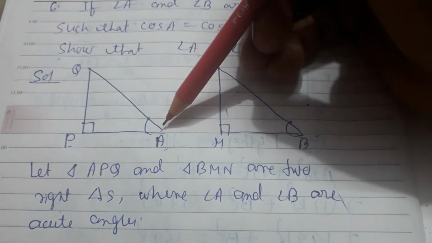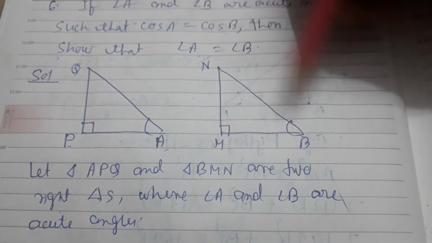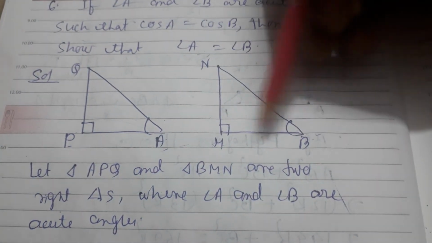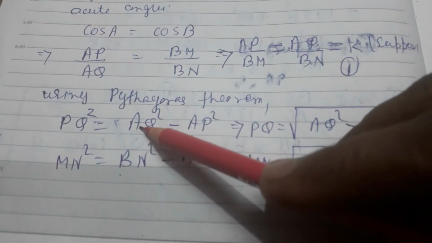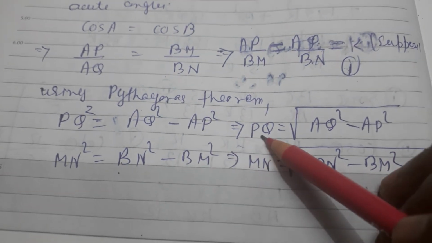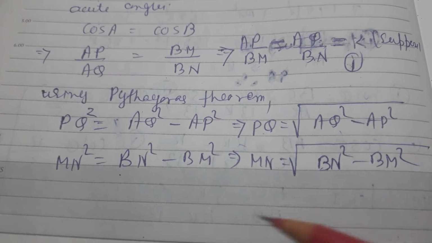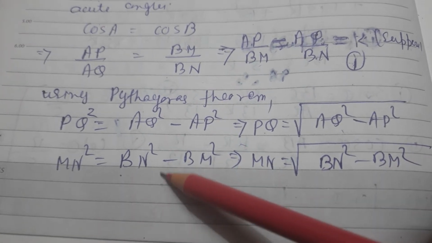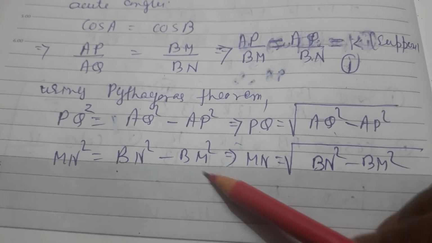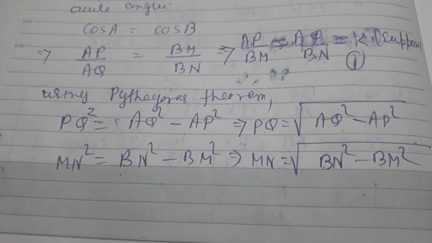PQ square equal to AQ square minus AP square, and here MN square equal to BN square minus BM square using Pythagoras theorem. So PQ equal to root under AQ square minus AP square, and MN square equal to BN square minus BM square, so MN equal to root under BN square minus BM square.